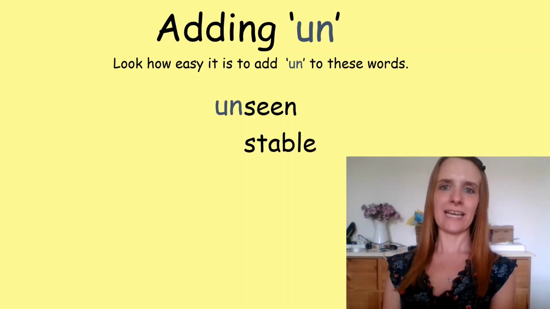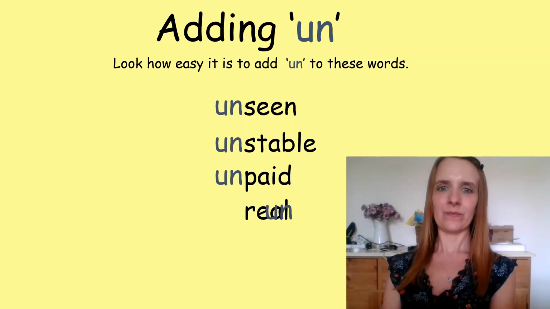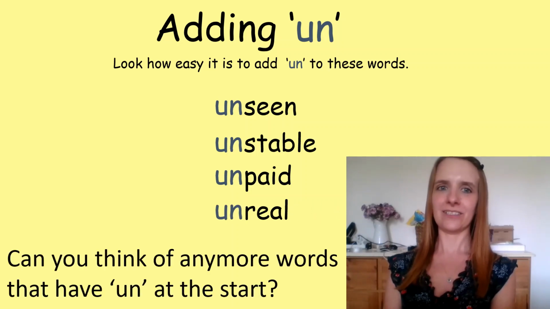Okay, if I've got the word stable and I want to make it unstable, all I do is put those letters un at the start. I've got the word paid, add in un and it's made it unpaid. Last one, real. So how would I change that to unreal? Well done if you said to put un at the start.